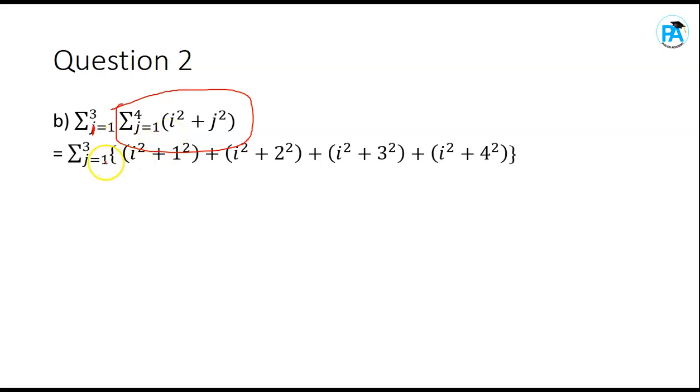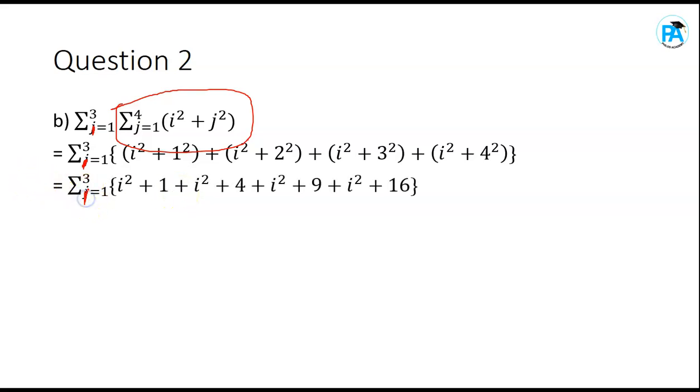So that gives us what? You have the i. Wherever you see j, you are going to put the values 1 up to 4. So when you take the first function, you have i squared, which remains constant, plus 1 squared, plus i squared again plus 2 squared, plus i squared again plus 3 squared, plus i squared again plus 4 squared.